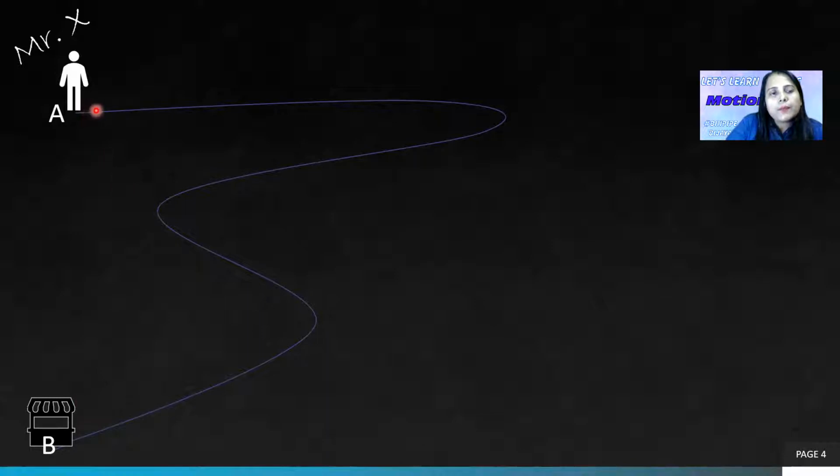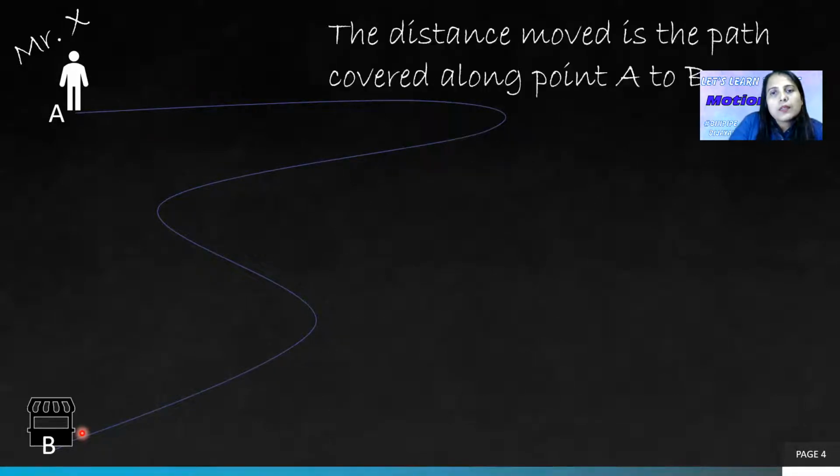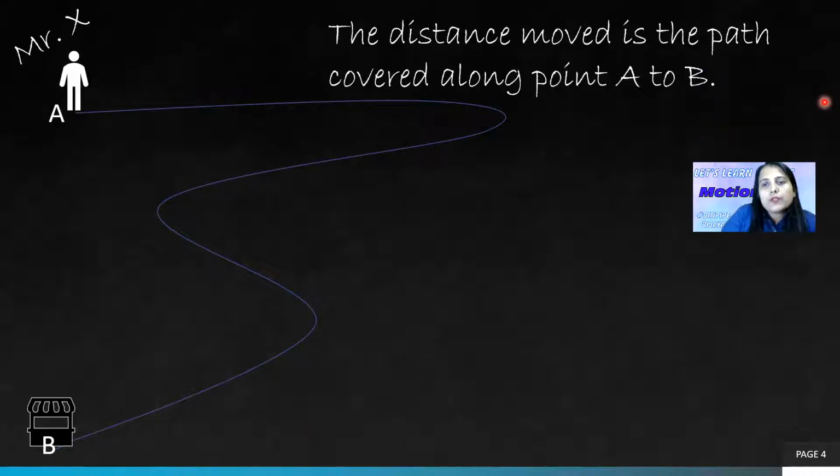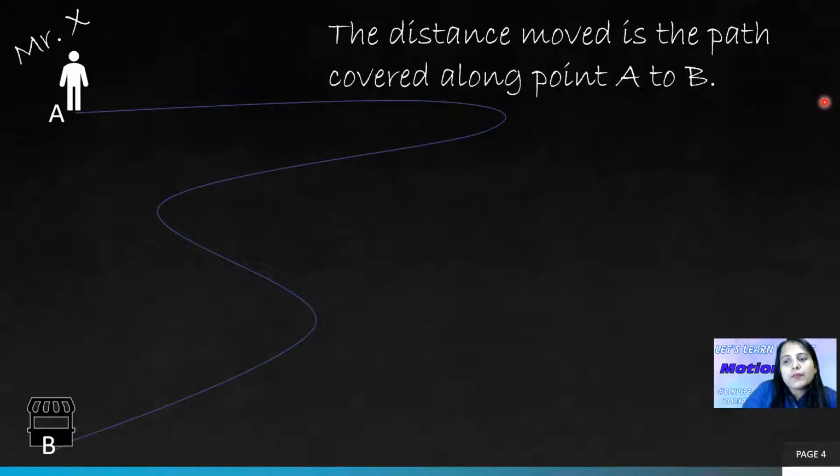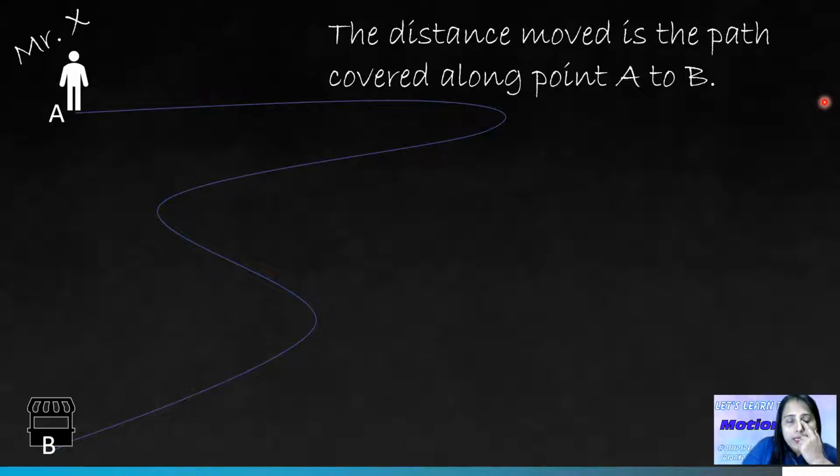Now, how will he come? He will have to cover the whole length of the path to reach his destination, isn't it? So, this is the distance he covers. So, distance moved is nothing but the path covered from point A to B.